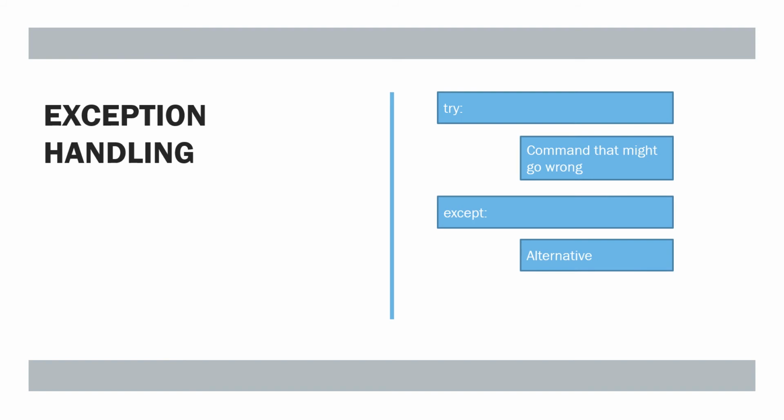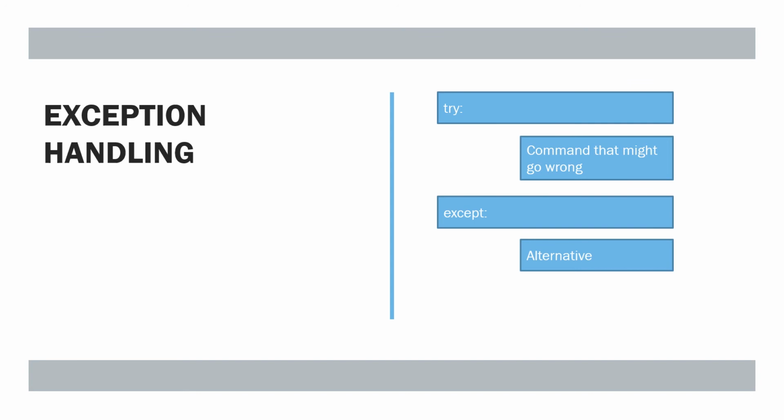The next line will be indented, and on that line write the command that might go wrong, the command that can cause your program to crash. So in this example, it would be the line that tries to convert the input to an integer. Try and keep the number of lines there down to an absolute minimum. I think one line is the best.